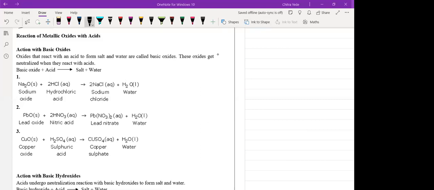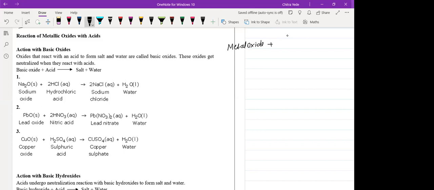Okay, so today we're going to discuss the reaction of metallic oxides with acids. We have metallic oxide, or metal oxide.